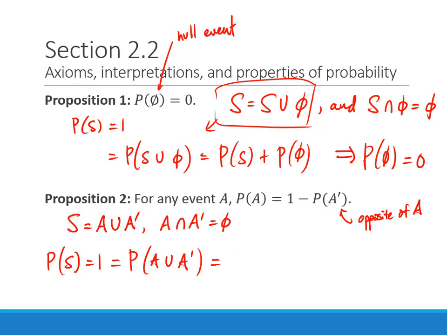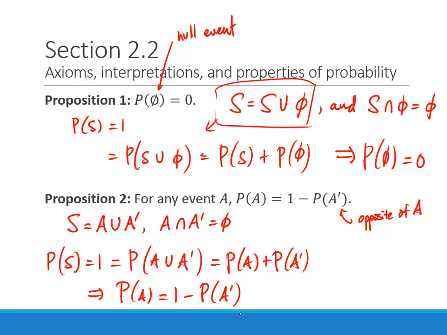And because they're disjoint, we can just take the sum of those individual probabilities. And then if you rearrange some things, you'll get that the probability of A is equal to 1 minus the probability of A complement.